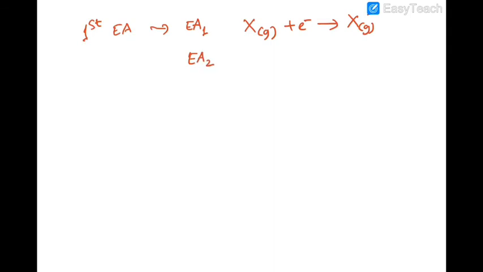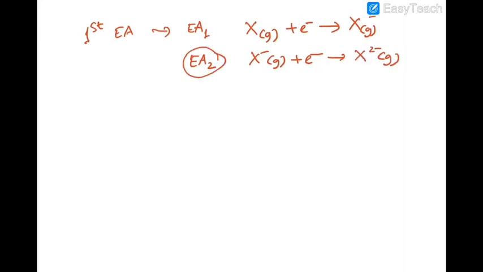Just like the ionization energy, the first electron affinity, or you can also write this down as EA1, has to do with this reaction, plus electron. Don't forget, they are always in gas phase. And the second electron affinity receives the second extra electron, so you get 2 minus like this.